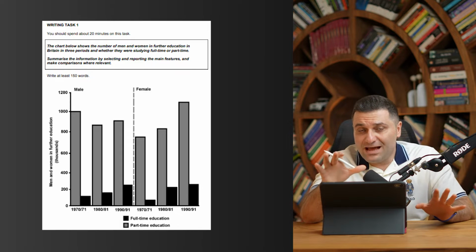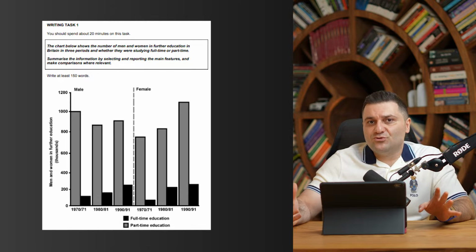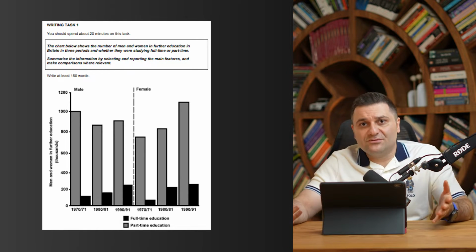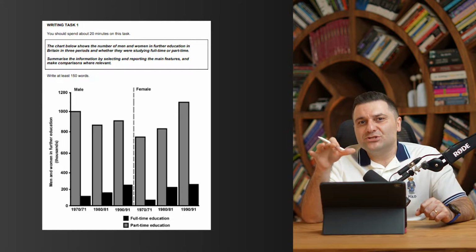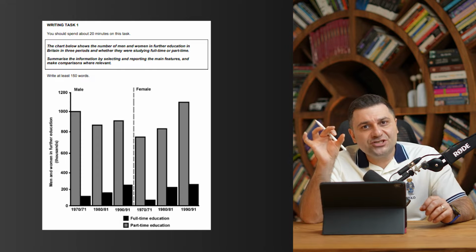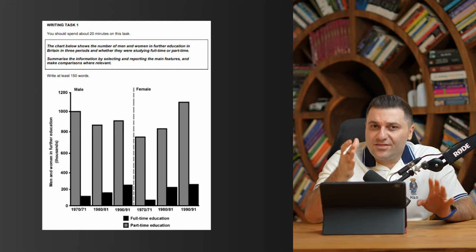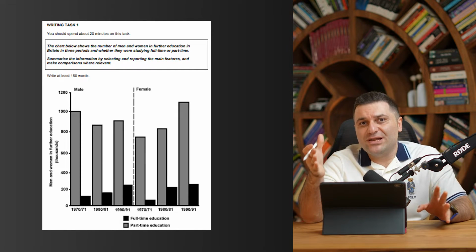If, for example, you are in 2023 or 2024 and the dates are in 2020, the question says that this 2020 is in the past tense.